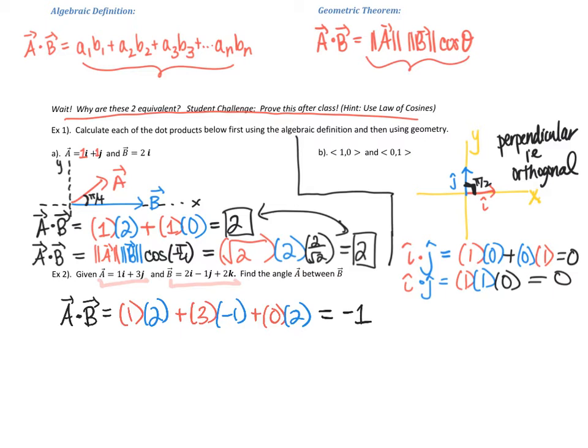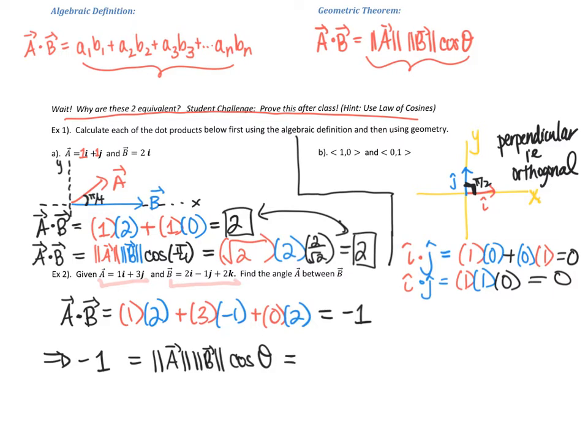But I know that this also has to equal the magnitude. So I'm going to put it on the next line. This also has to equal the magnitude of A times the magnitude of B times cosine of theta, because that's the other way we can define this. And so let's do that.